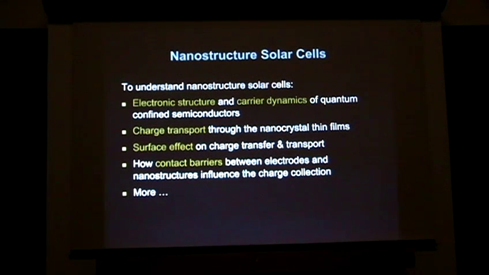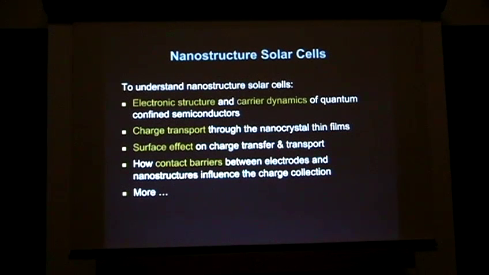Although many groups have tried to use nanostructures to make solar cells, the efficiency so far is still low. The overall power conversion efficiency is still only a few percent, much smaller than conventional silicon solar cells. So it is crucial to understand the mechanism of nanostructure solar cells.